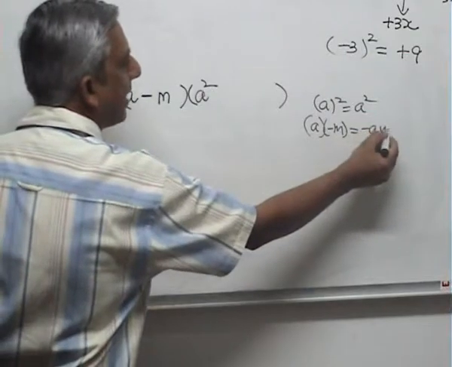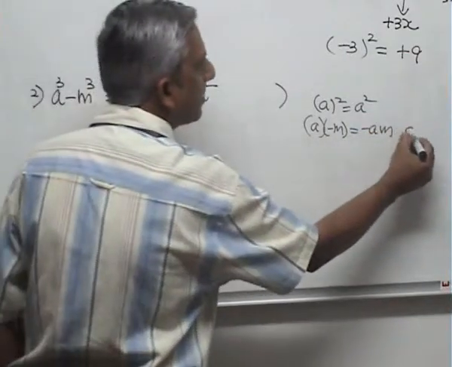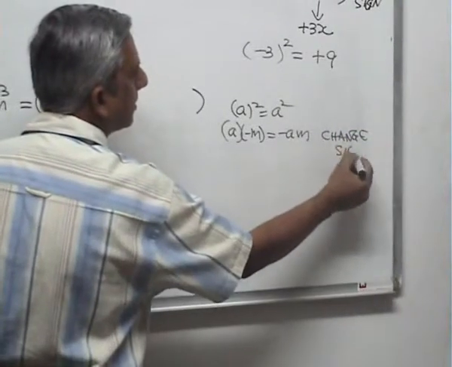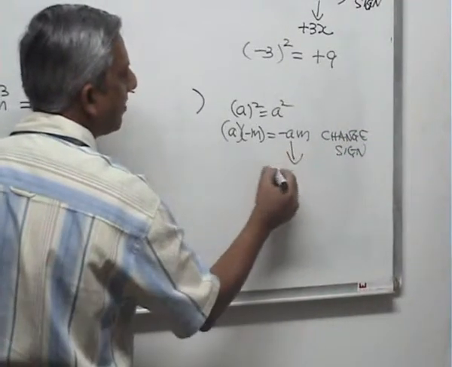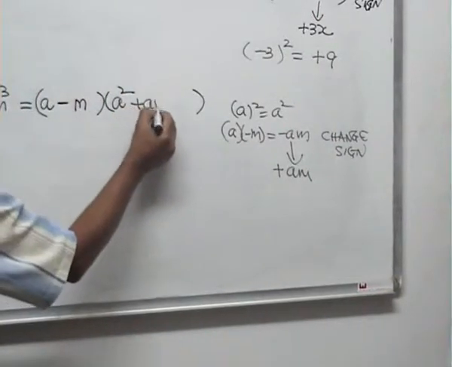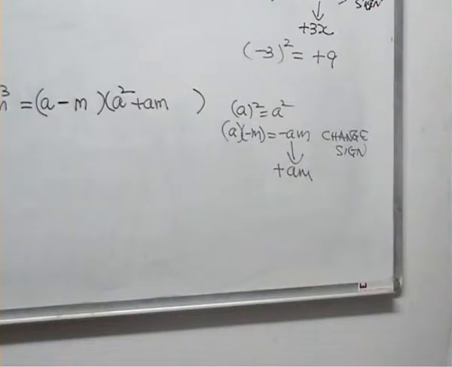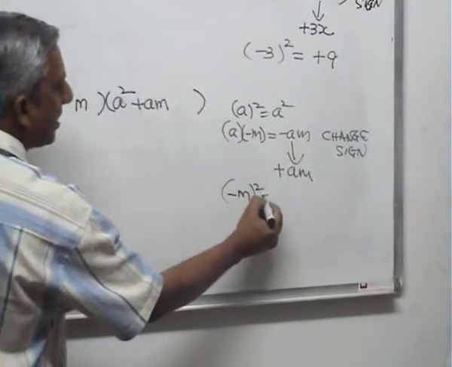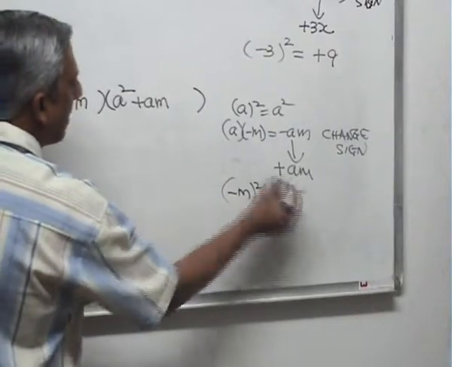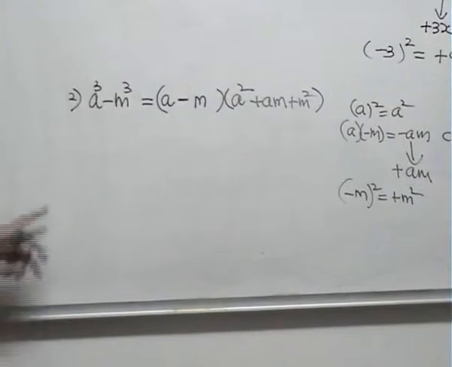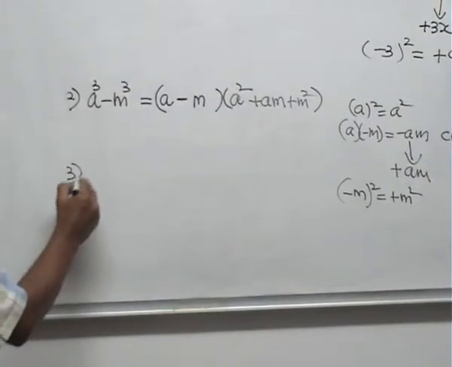So you got minus am. And then what? Change the sign. So what does this become? It becomes plus am. So you write plus am. And finally, square minus m. Minus m squared will give you plus m squared. So that is how we factorize that. Right, now let's look at example 3.